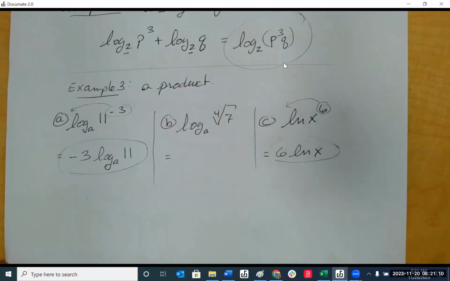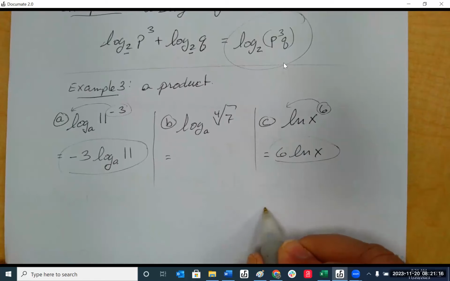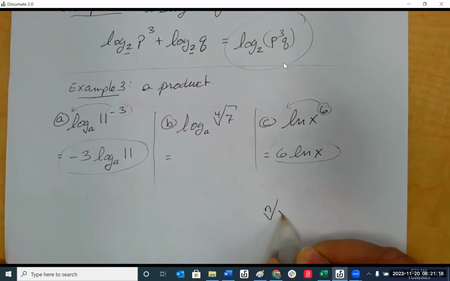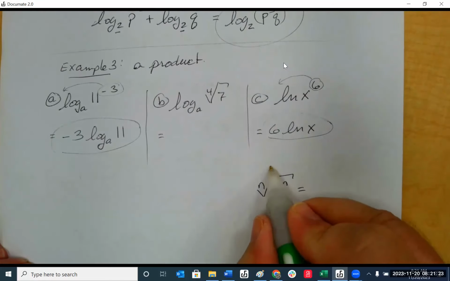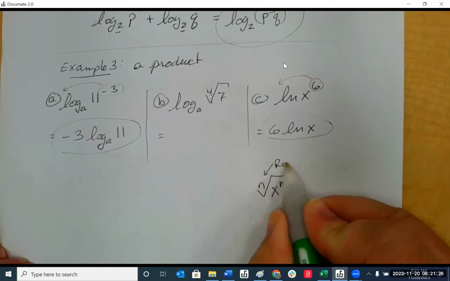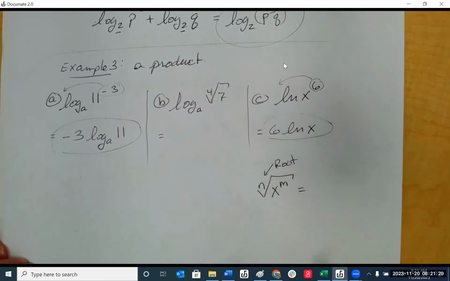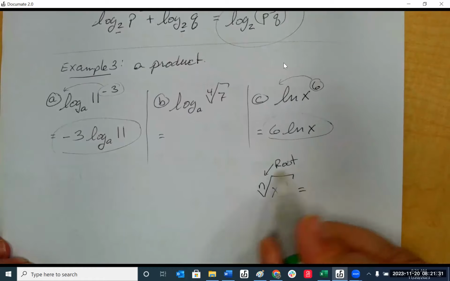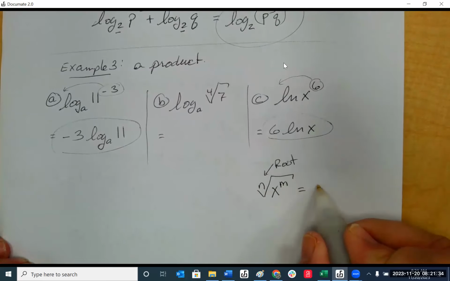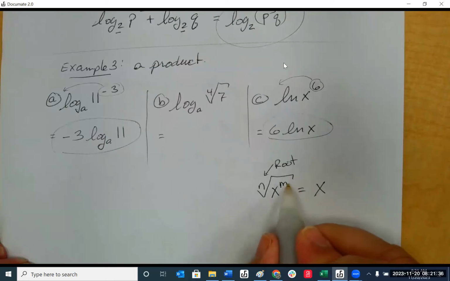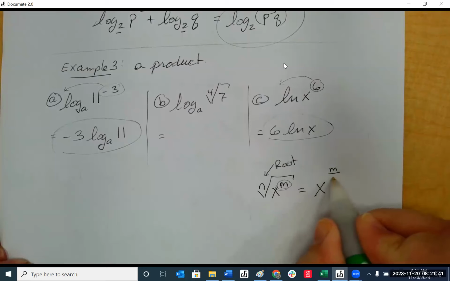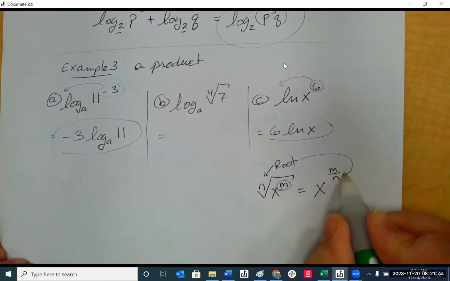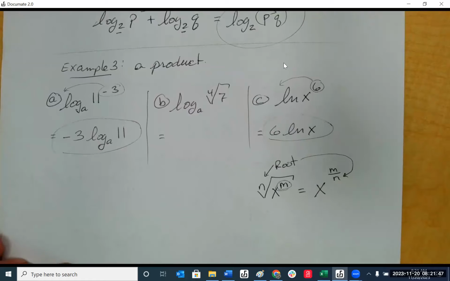Now, the middle one. When we talked about radicals a long time ago, we learned the rule, the formula. This number here is called the root. We can convert this symbol to an exponent. Whatever is inside there goes on top. The root always goes on the bottom. That's the root of a tree. It's on the bottom.